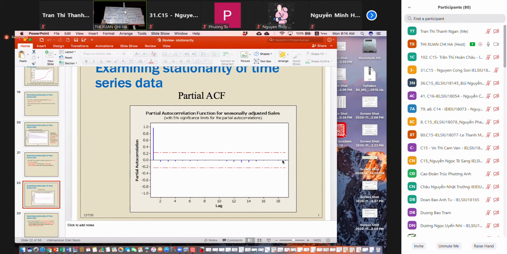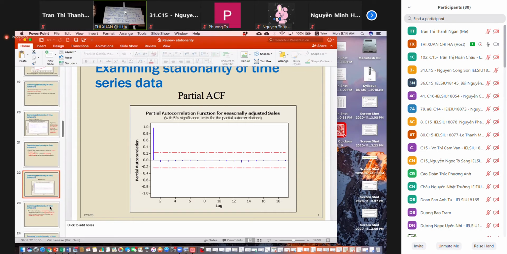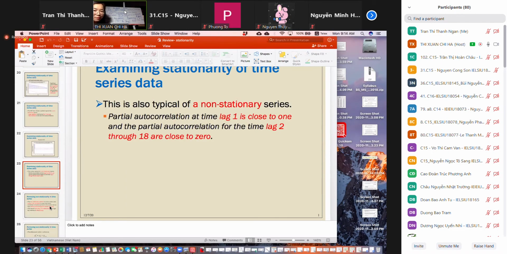So you can take the first difference, but if your data is still non-stationary, you can take the second. In practice, it does not go over the second difference. So your data becomes stationary. Okay.